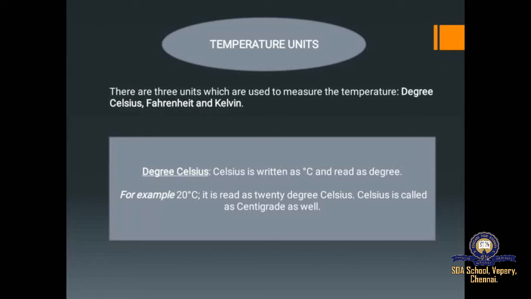Celsius is written as degree, then a capital C, and read as degree Celsius. For example, 20 degrees Celsius is read as 20 degree Celsius. Celsius is called centigrade as well. We are all familiar with this degree Celsius.